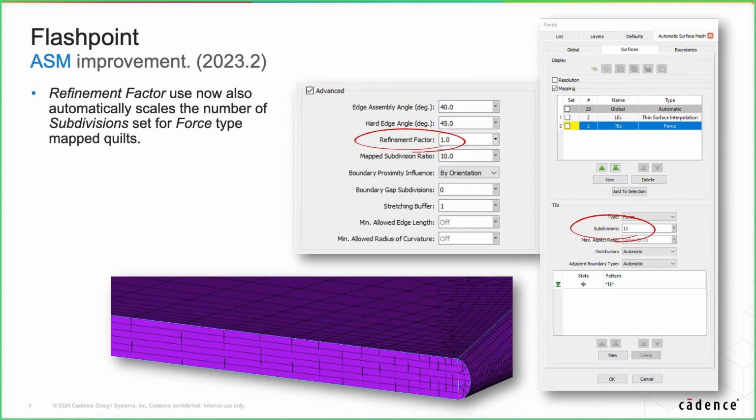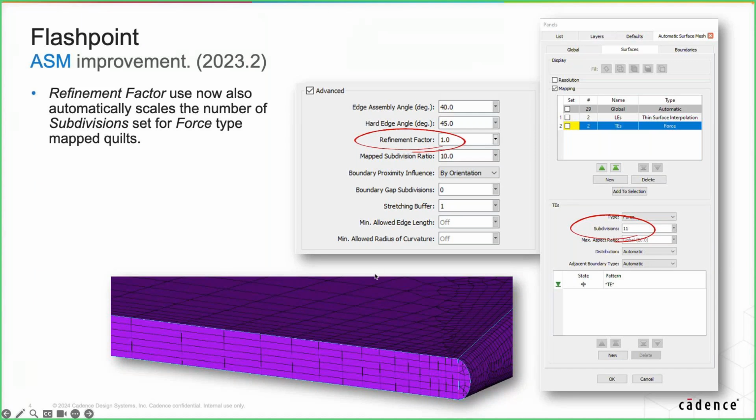And making mesh families, we realized that as we use this refinement factor, which is intended to be a global refinement tool in ASM, it was not really addressing these special boundaries or special surfaces that ASM treats, which we call thin surfaces or narrow surfaces, like the trailing edge of a control surface, a wing, for instance.